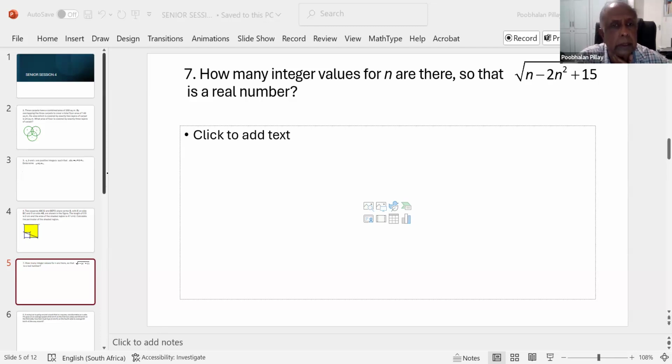All right, so let's get on with the work at hand. The next one is: how many integer values, in other words, you're allowed to have positive and negative integers, are there so that the square root of n minus 2n squared plus 15 is a real number.